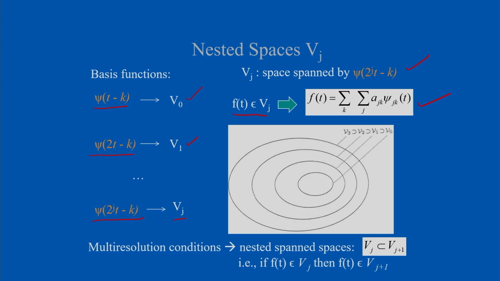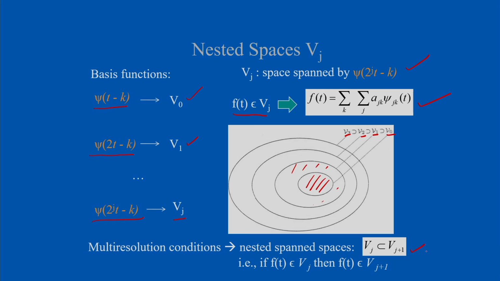And in this figure you can see I am considering the subspaces V naught, V1, V2, V3 like this. So the first small subset is V naught, and you can see the next one is the subset V1. So from this you can see that Vj is a subset of Vj plus 1.